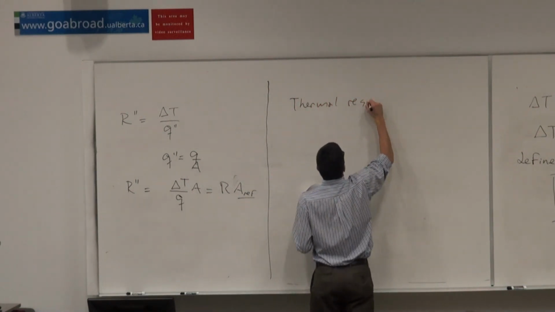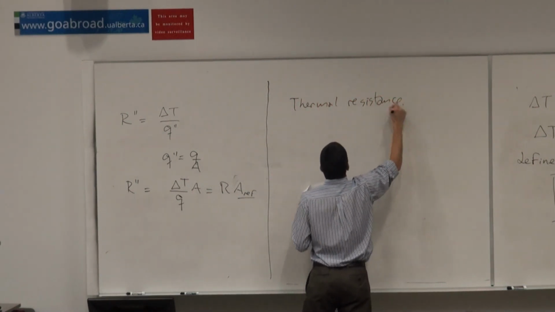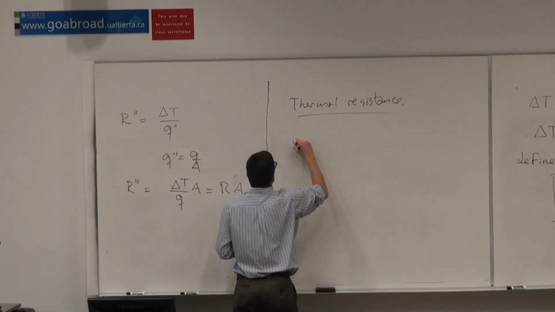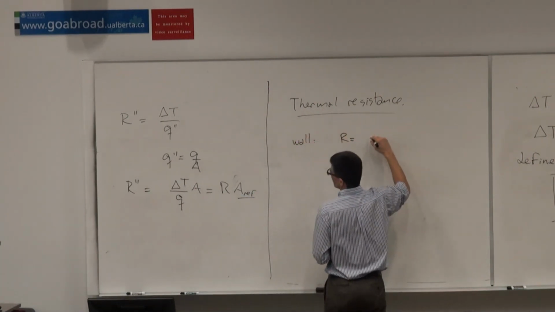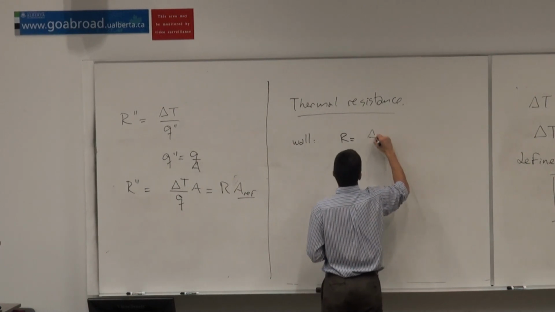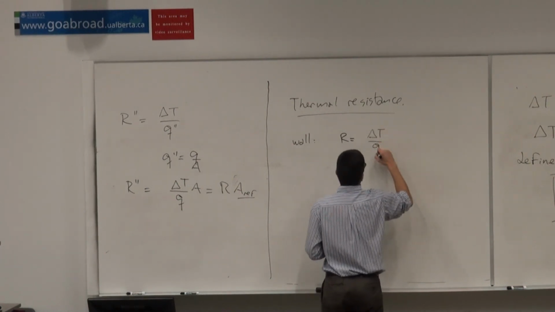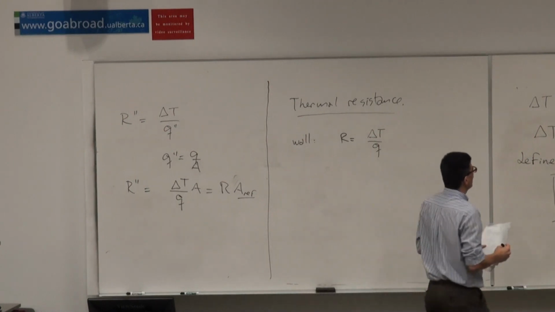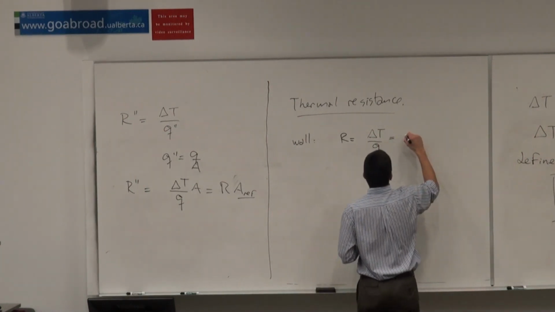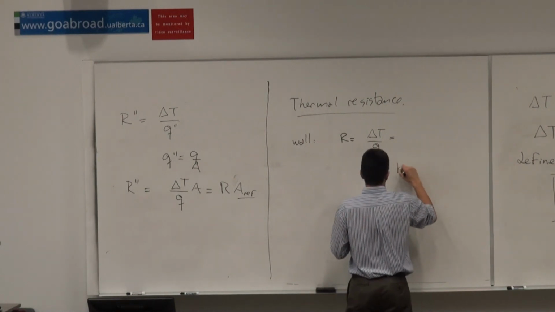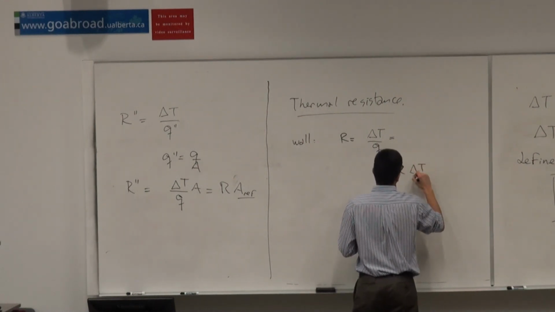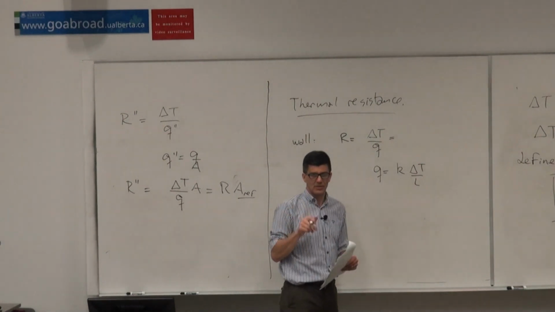So, thermal resistance. For a wall, we said R is delta T over Q. And we said that Q was K times delta T over L. We had said that just today.